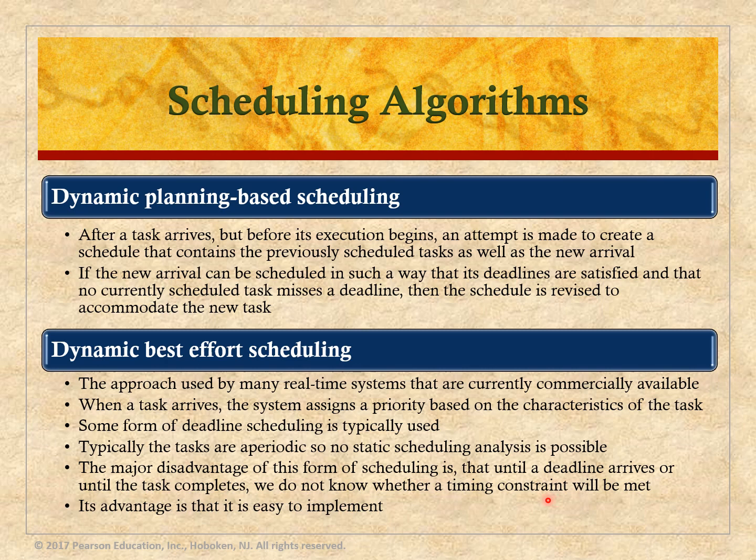For example, if the deadline is at time 10, but tasks keep coming and we are unsure whether it will finish by time 10. But by using this scheduling, it is very easy to implement. That is why most real-time systems use dynamic best effort scheduling.